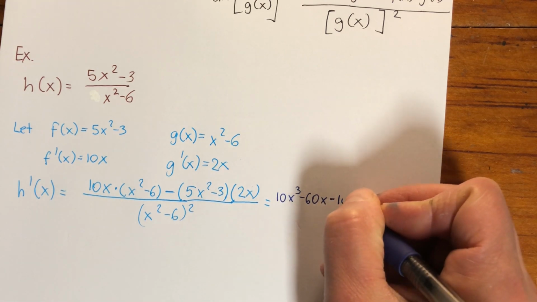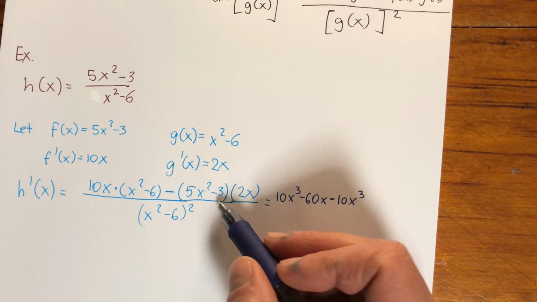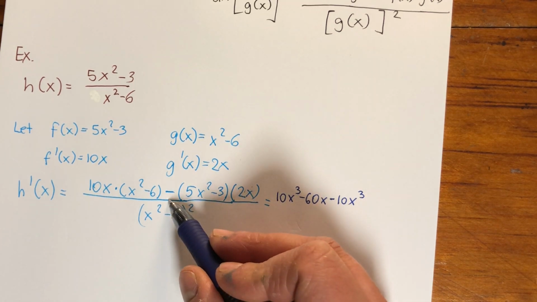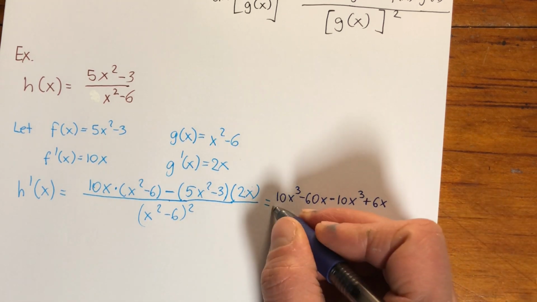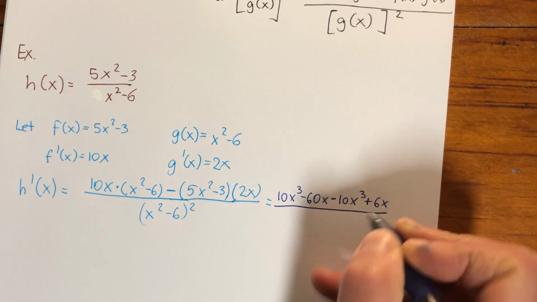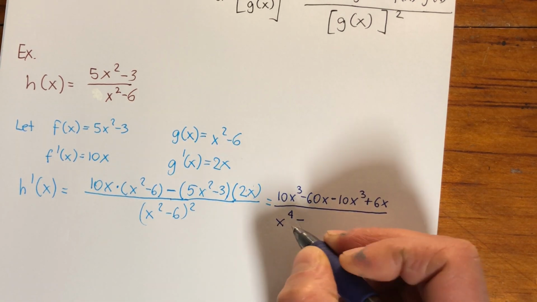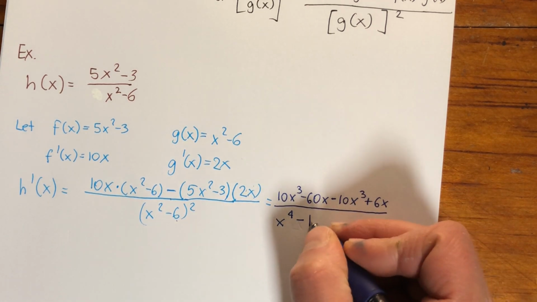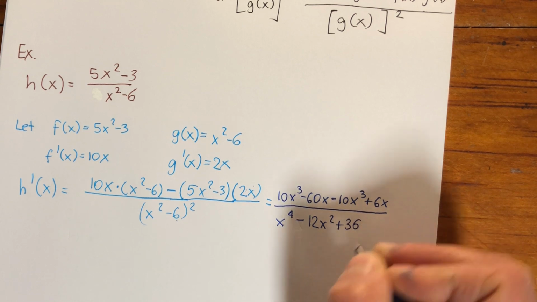Negative 10x to the power of 3. And then this would be negative 6x, but because I have a negative sign, I am going to add 6x. And then squaring this expression, x to the 4th minus 2 times 6 is 12, 12x squared, plus 36.